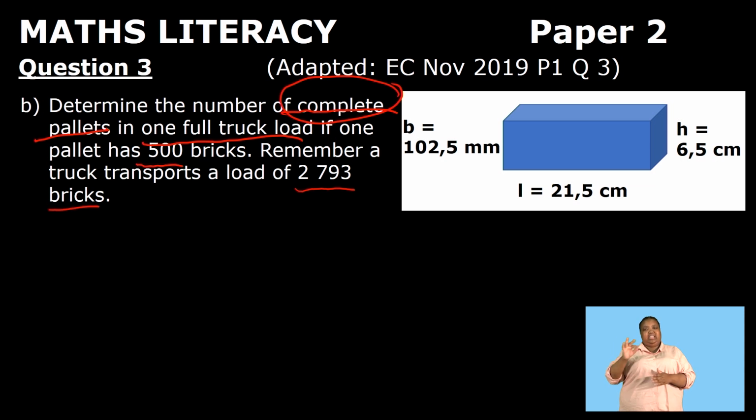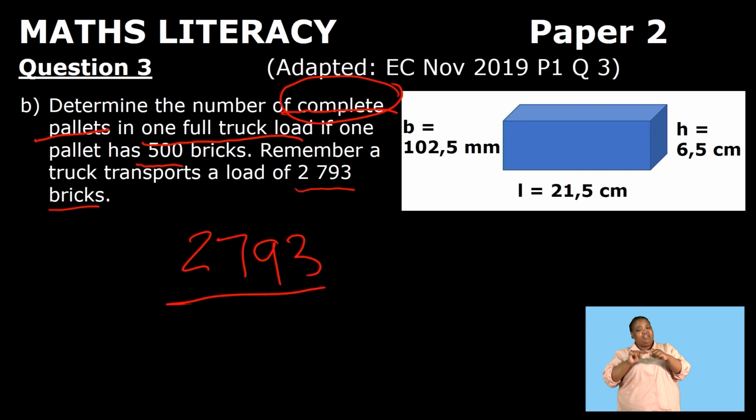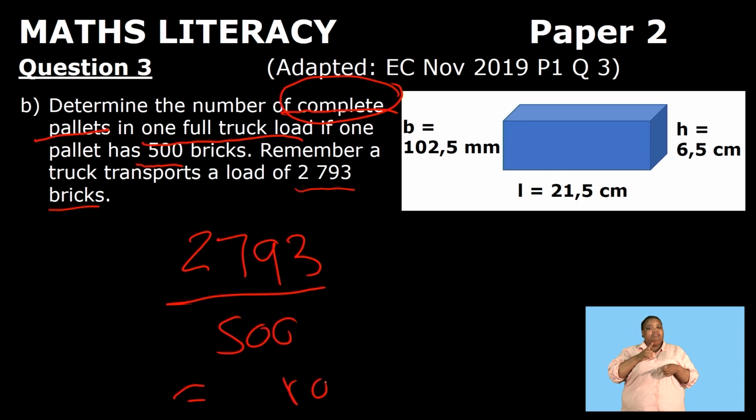So now what we need to do is we need to say, well, okay, 2,793 divided by 500, and then we need to round down to a whole number. And that is my tip for this question.